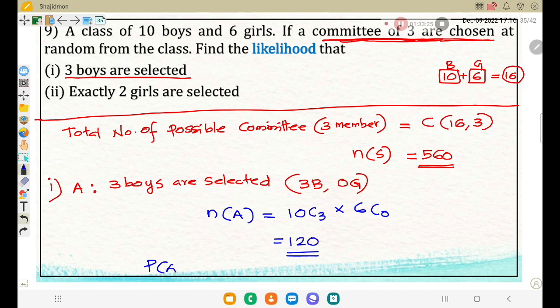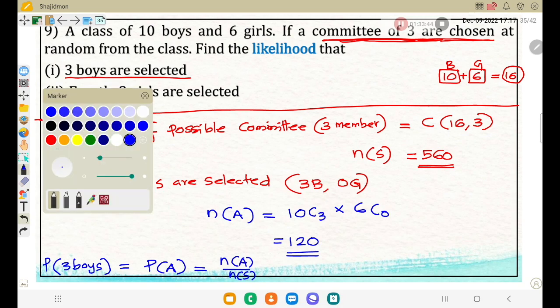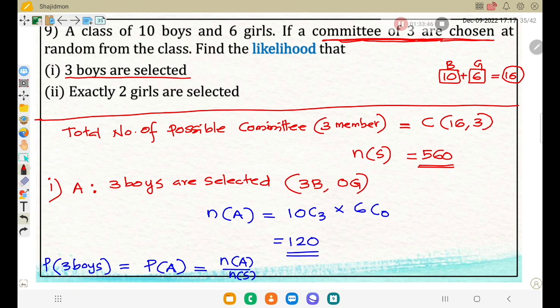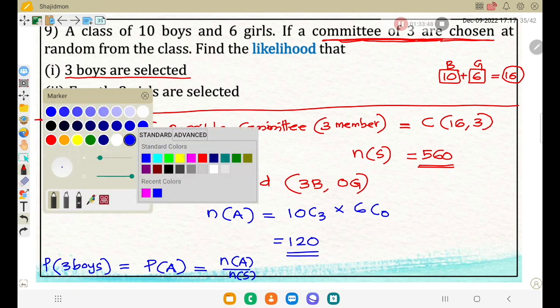Probability of A equals, that means probability of 3 boys were selected, correct? Probability of A equals number of elements of A divided by number of elements of S. We can write the answer.